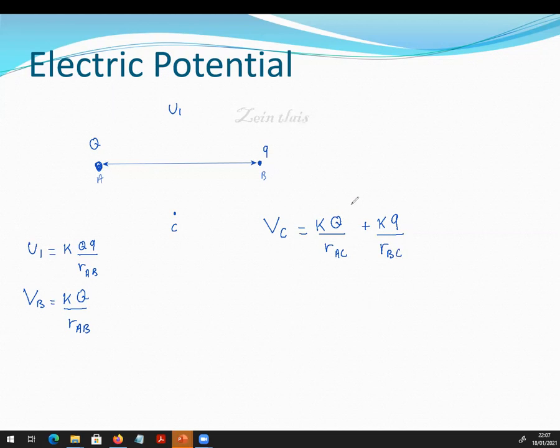If you have Q positive or negative, anyway, you can add these values directly.